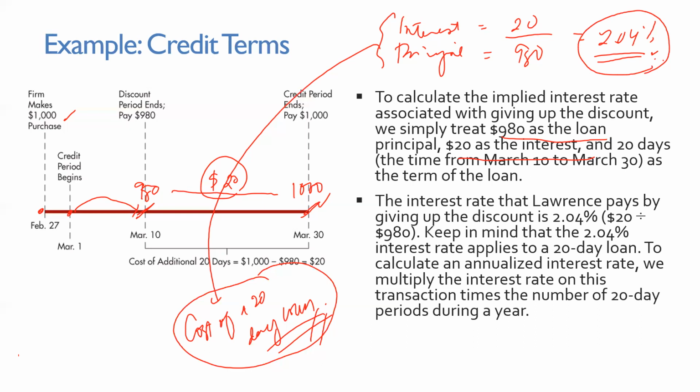Okay? So you have to keep in mind that the 2.04 that we calculated here applies to a 20-day loan. So you need to get what's called the annualized interest so that you can compare it with other types of loans. We'll discuss more of that later. Okay.